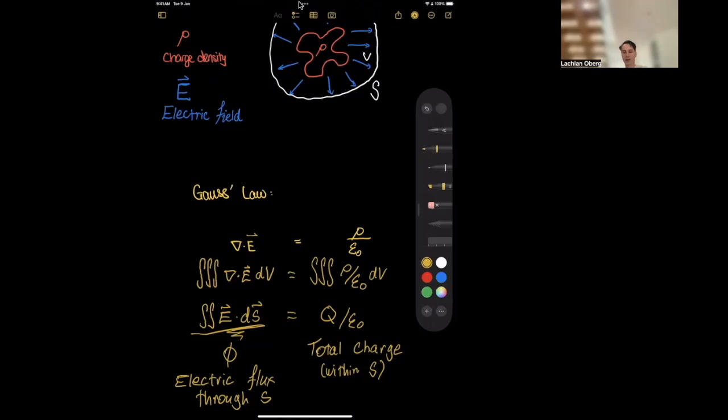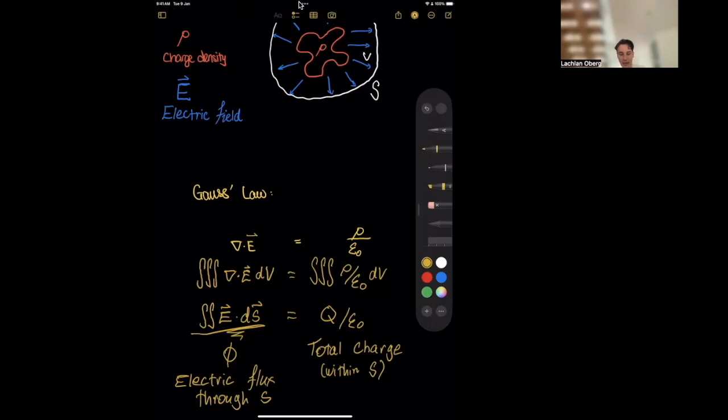But how does this help us solve electrostatic problems? Well, let's assume we know the total charge within a system. If there's some sort of symmetry to this charge distribution, for example, it's spherical, we can use the integral form of Gauss's law to calculate the electric field. Alternatively, let's assume that our system has cylindrical symmetry, for example, a charged wire.